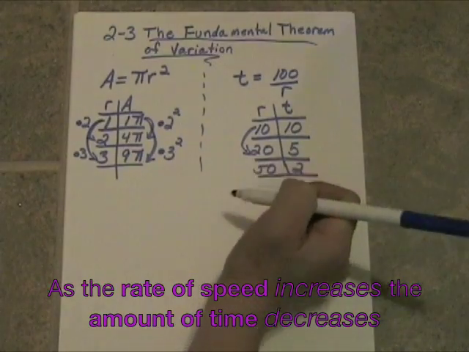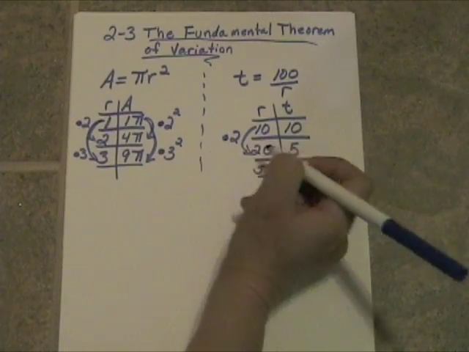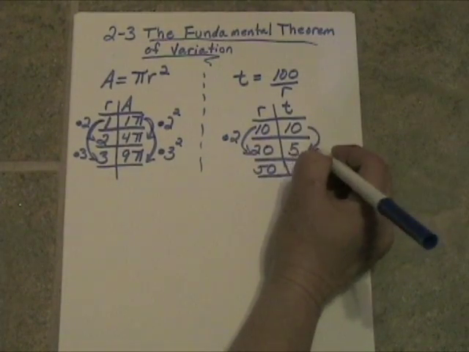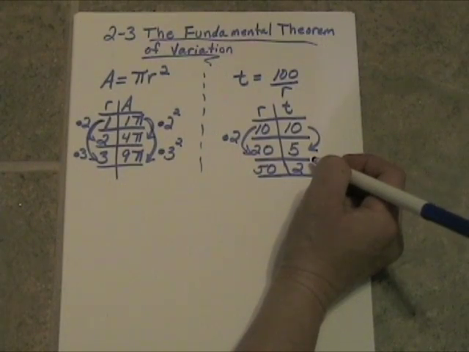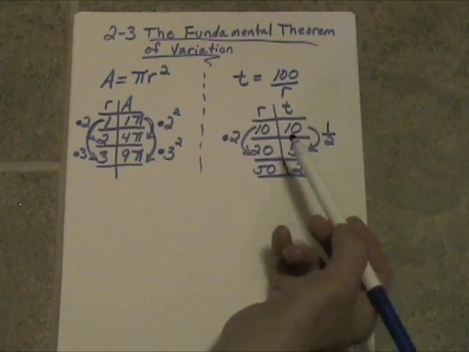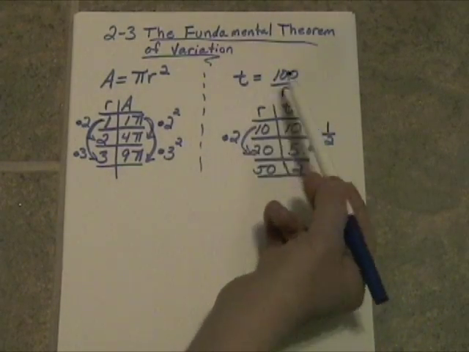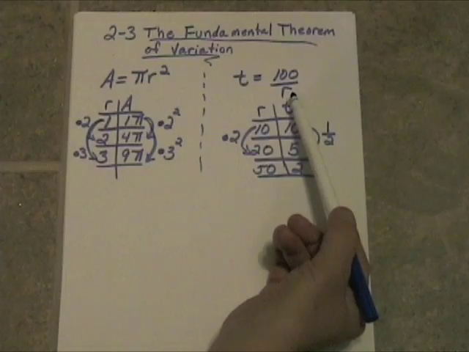This is increasing by 2, so the rate of speed doubled, and over here the amount of time was cut in half. So as we said before, the rate of speed here is inversely proportional to the time.